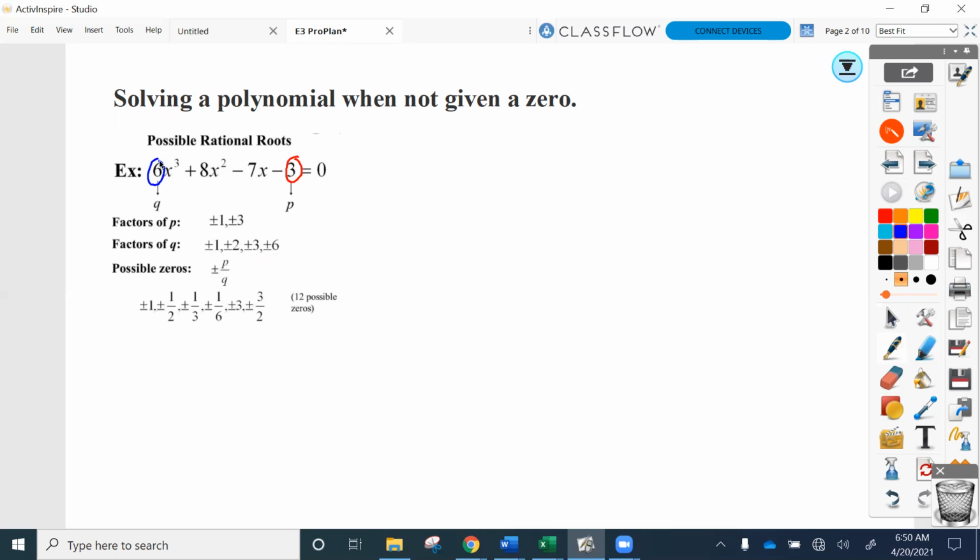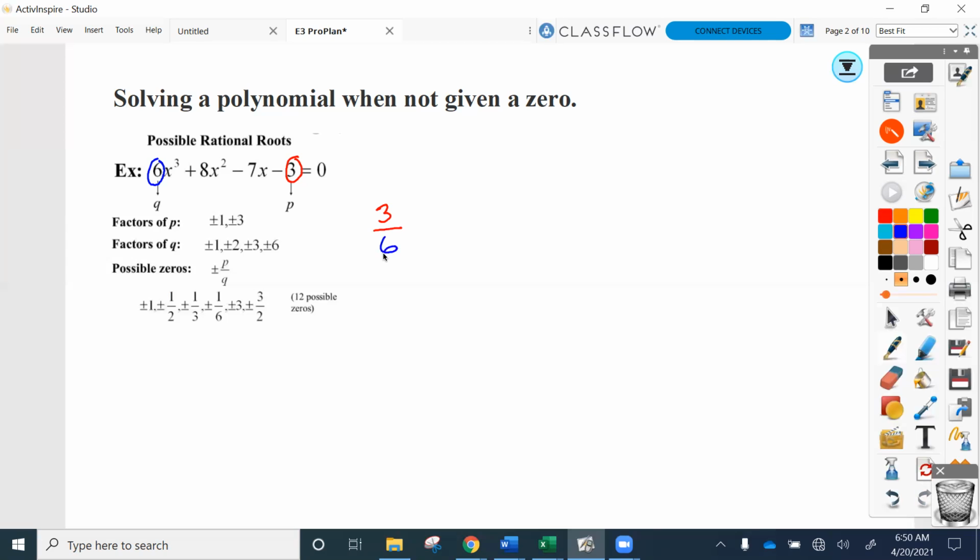So then what you do is you take all the possibilities and you put them at the top and the bottom and see what they simplify to. So let me show you how they're getting this right here. If we take, this is a P, 3 over 6.